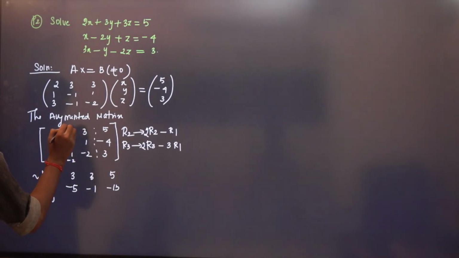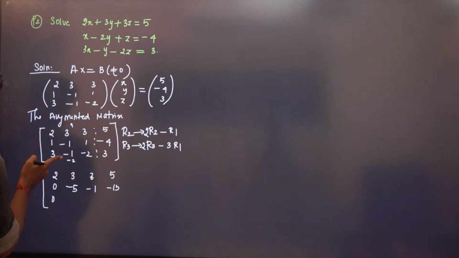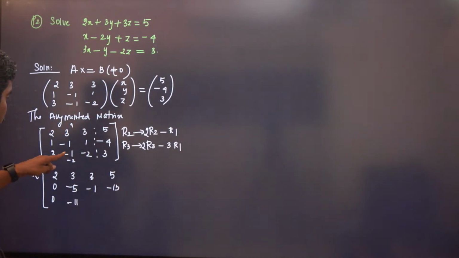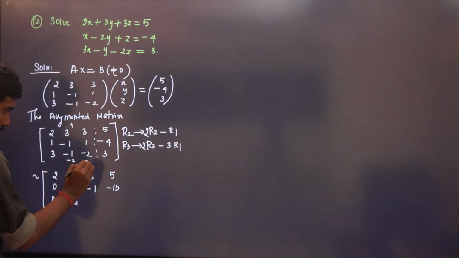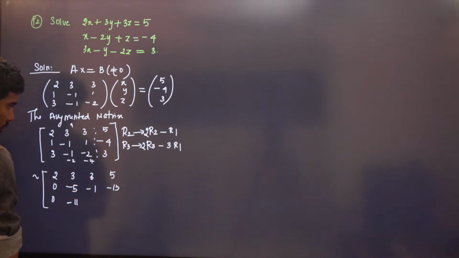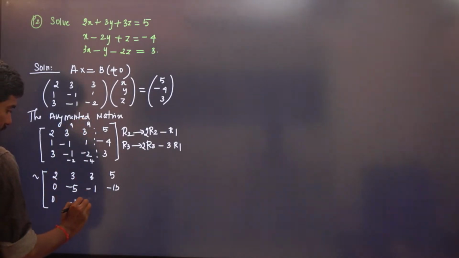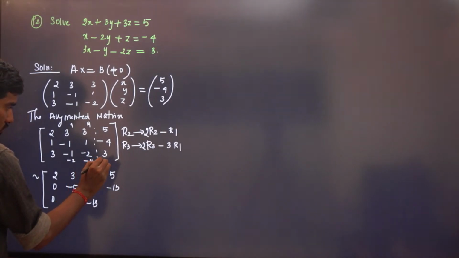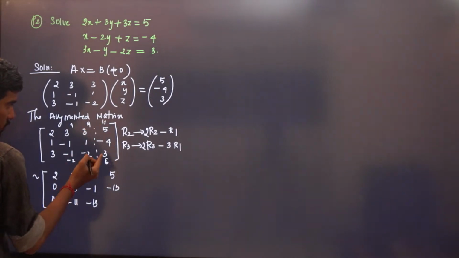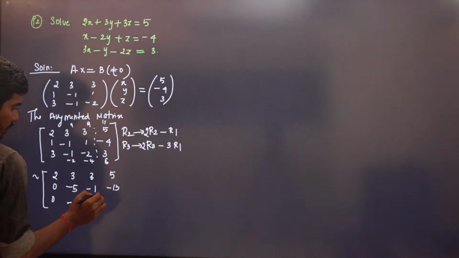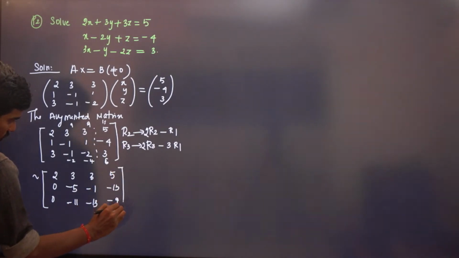You multiply 3 here, this will become 9. Then subtract: -2 minus 9 is -11. Is it clear? You multiply 2 here, this will become -4. You multiply 3, this will become 9. So -4 minus 9 is -13. You multiply 2, it will become 6. You multiply 3, it will become 15, and then subtract. So 6 minus 15 is -9.